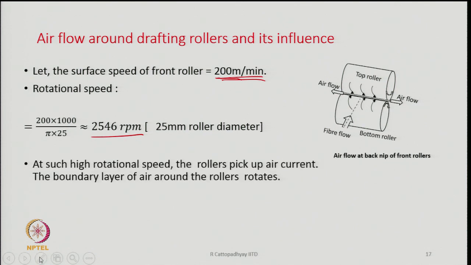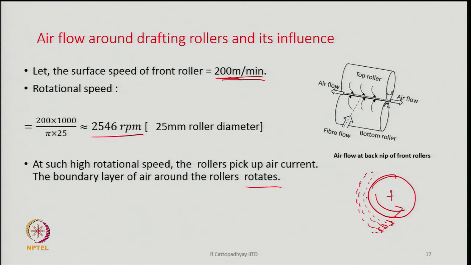One is, at such a high speed, the roller picks up air current and the boundary layer of air around the roller will also rotate, as shown here. The top roller and the bottom roller, you see these arrows indicating how the air surrounding the roller is also moving. If a roller rotates at a high speed, these layers of air surrounding the roller will also rotate at a high speed.